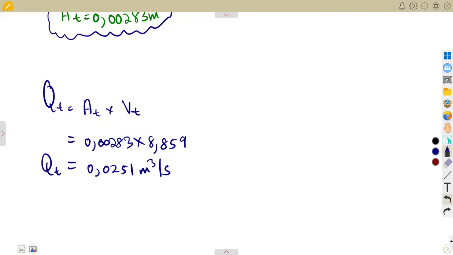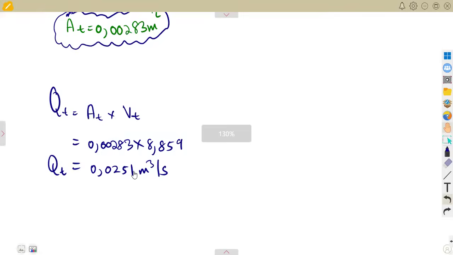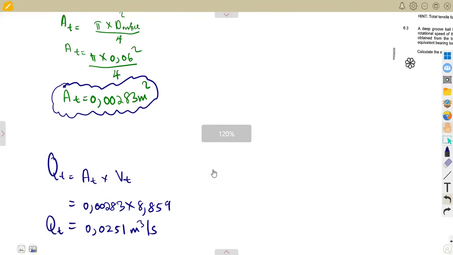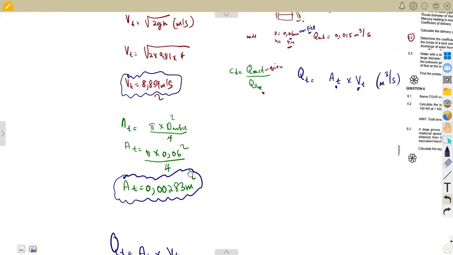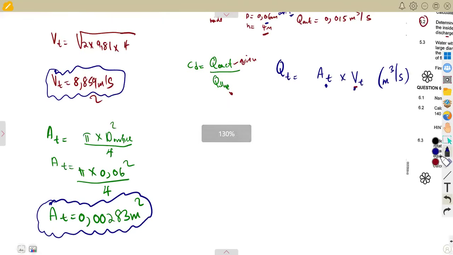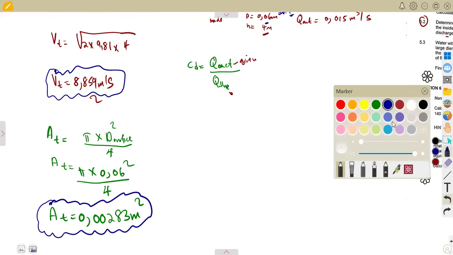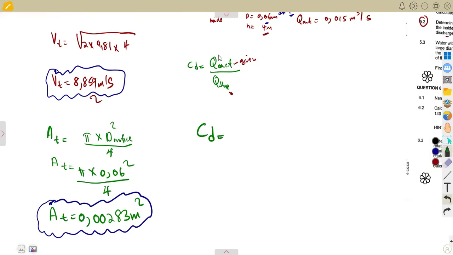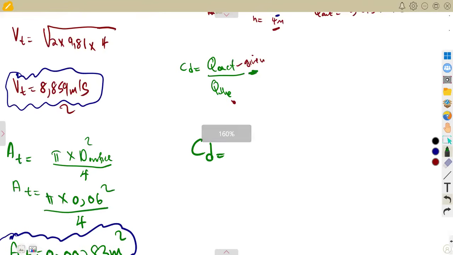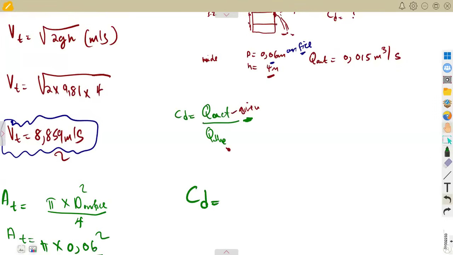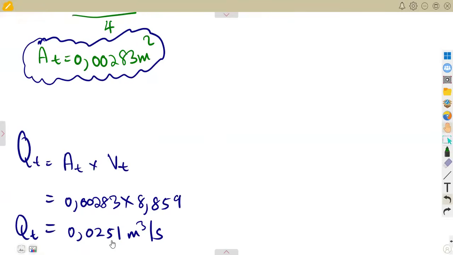With the theoretical discharge, we are able to calculate CD, the coefficient of delivery, as we are given in our question. So the coefficient of delivery, our CD in this case, is going to be the actual flow rate, which is the actual discharge, 0.015 cubic meters per second, over the theoretical discharge, which is the 0.0251 that we got.